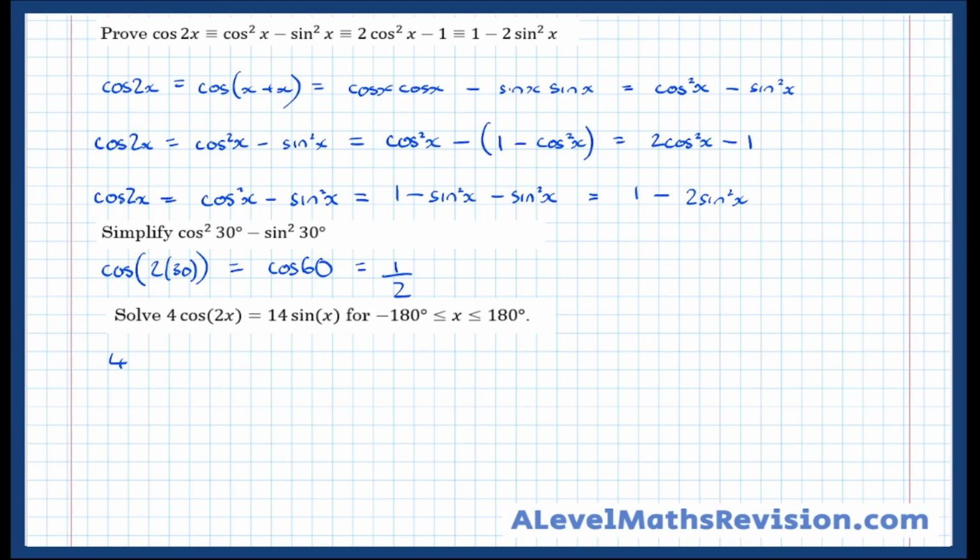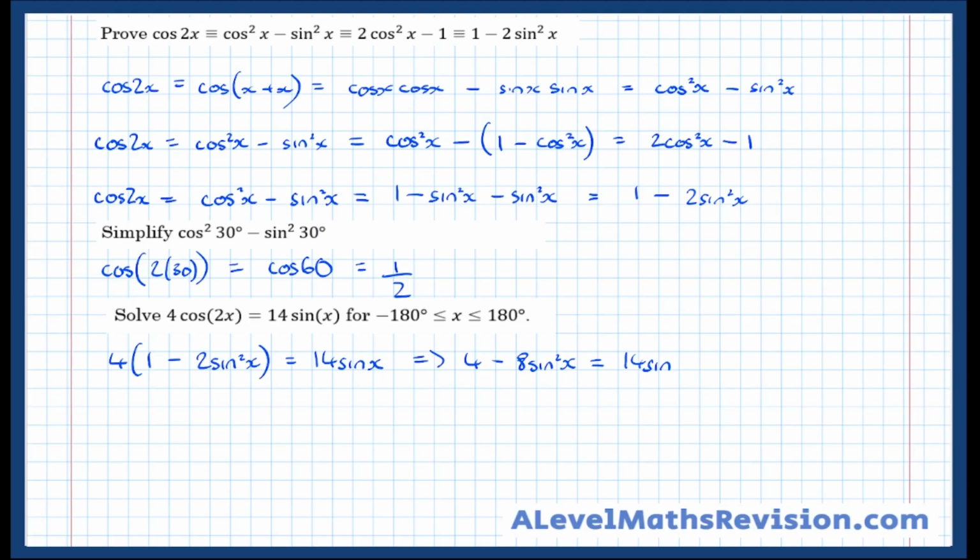So 4 lots of 1 minus 2 sine squared x equals 14 sine x. Let's keep going, which implies that 4 minus 8 sine squared x equals 14 sine x.